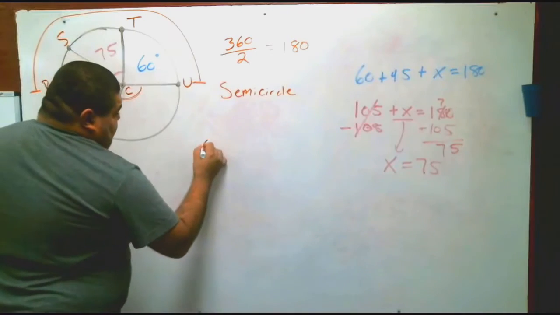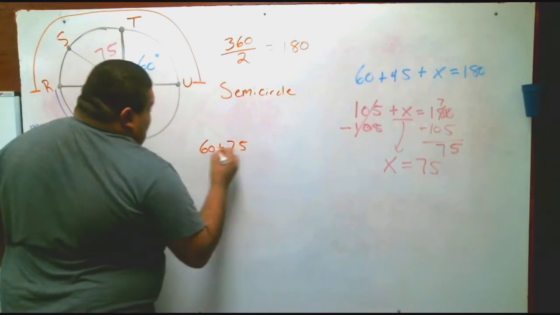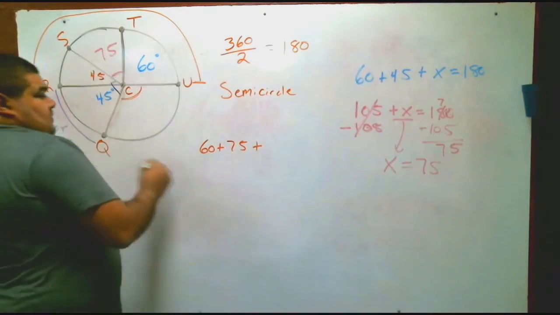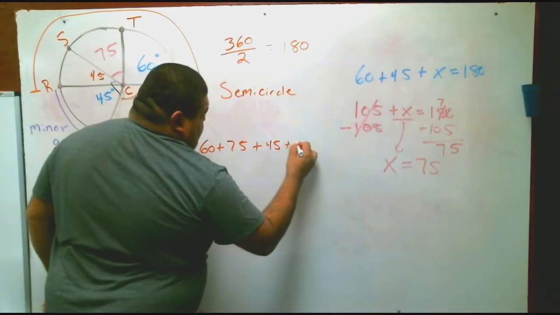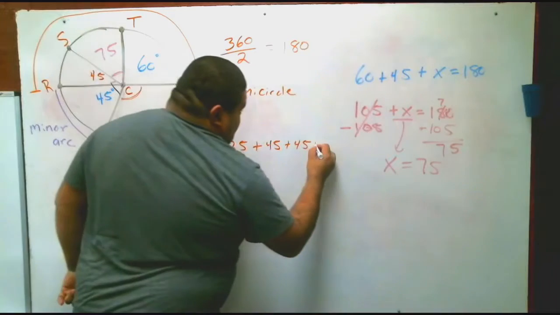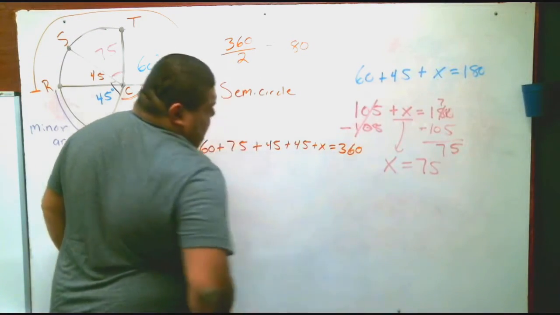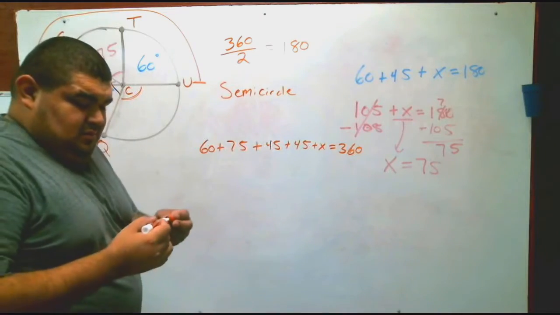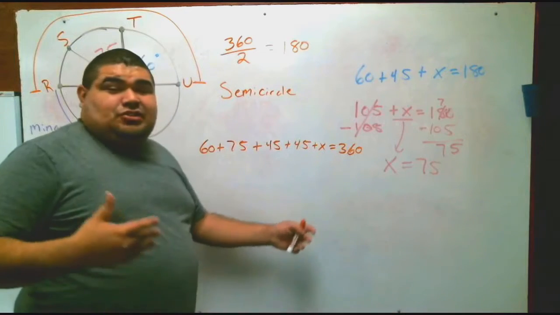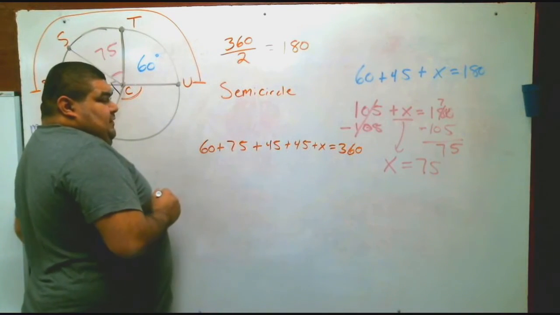So we can say 60 plus 75 plus 45 plus 45, the other 45 we have, because remember we have 2, plus X equals 360. Since we have all these numbers, again, we can combine 60 and 75.